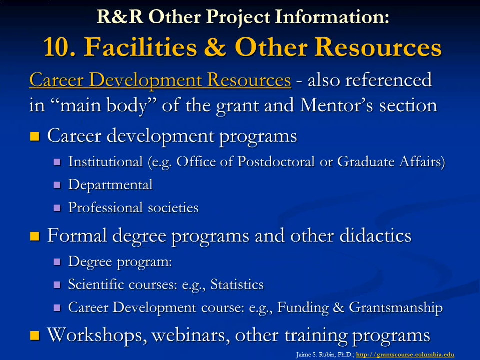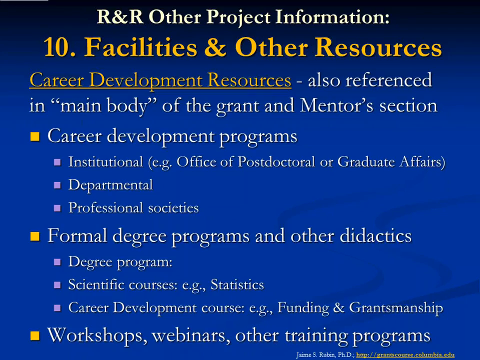You can make another section called Career Development Resources and talk more about the different programs that you're going to go to in terms of career development, maybe offered by your Office of Graduate Affairs, or the postdoc office, maybe your department offers it, or maybe when you go to a national meeting, your professional society also offers programming for junior investigators.